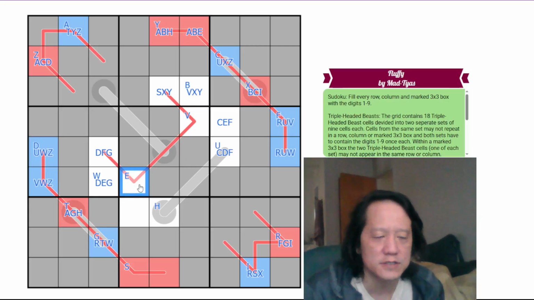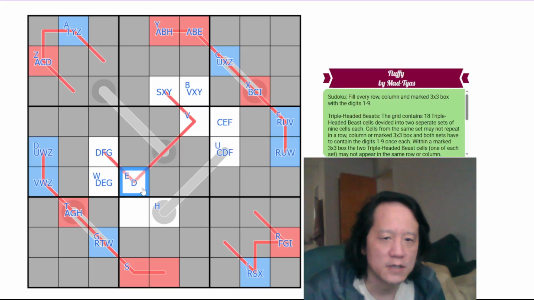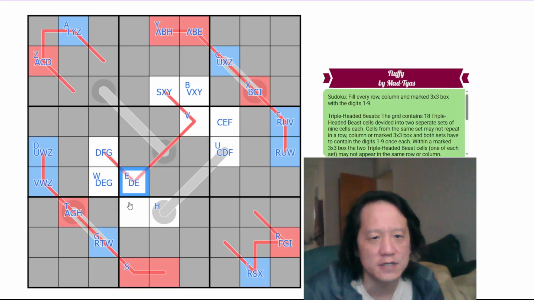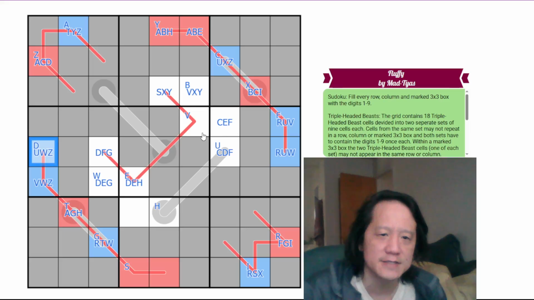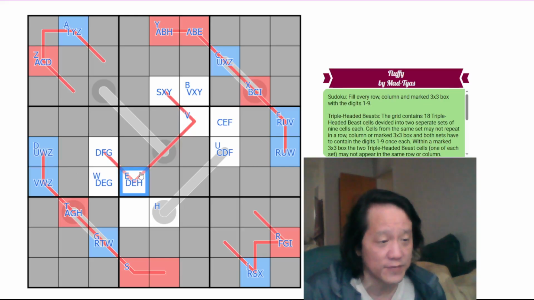It would see D, E, and the blue. So it would be H. And the problem is D and E are guaranteed to be at least 7 and 9 or 7 and 8, which is, again, 15 at least. So there's never going to be a difference of 9 between these two.